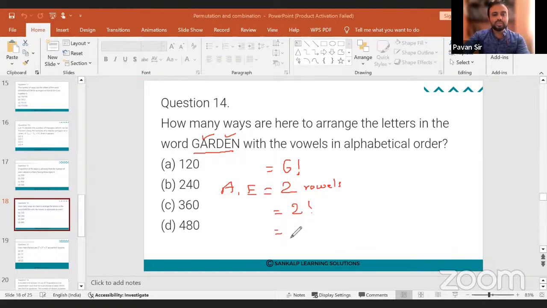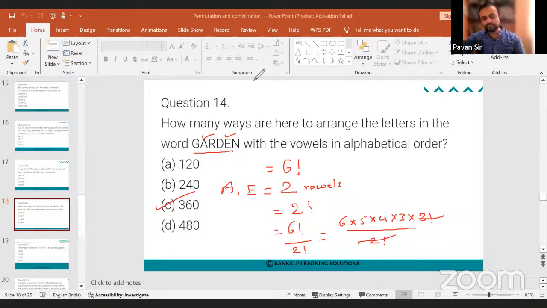So 6 factorial divided by 2 factorial: 6 into 5 into 4 into 3 into 2 factorial divided by 2 factorial. Both get cancelled. 6 into 5 is 30, 30 into 4 is 120, 120 into 3 is 360. Option C is the correct answer.